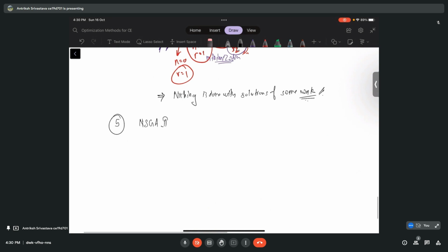NSGA2. What is that? Non-dominated sorting genetic algorithm. Okay.